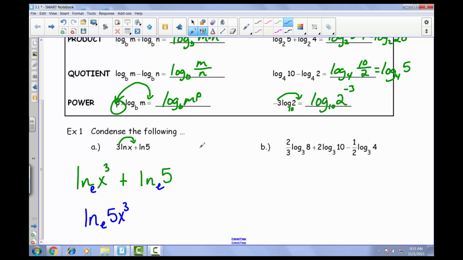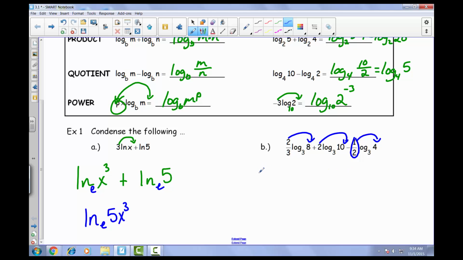For b, kind of the same idea. Looks like we have a coefficient in front of this logarithm, so we bring it as the exponent for that number. This one has one as well, so I'm doing the same thing. I'm going to take the 1/2 for this last logarithm, just the 1/2, not the negative, and throw that as the exponent for 4 as well.